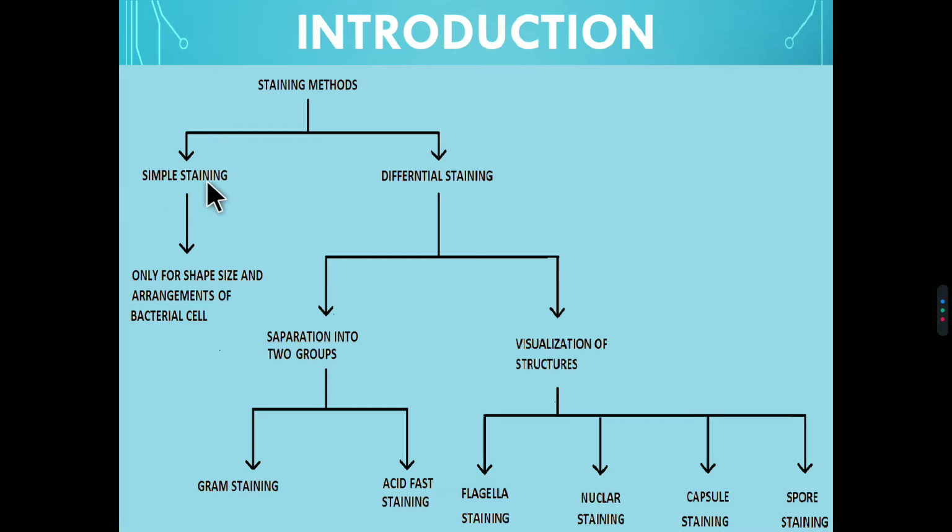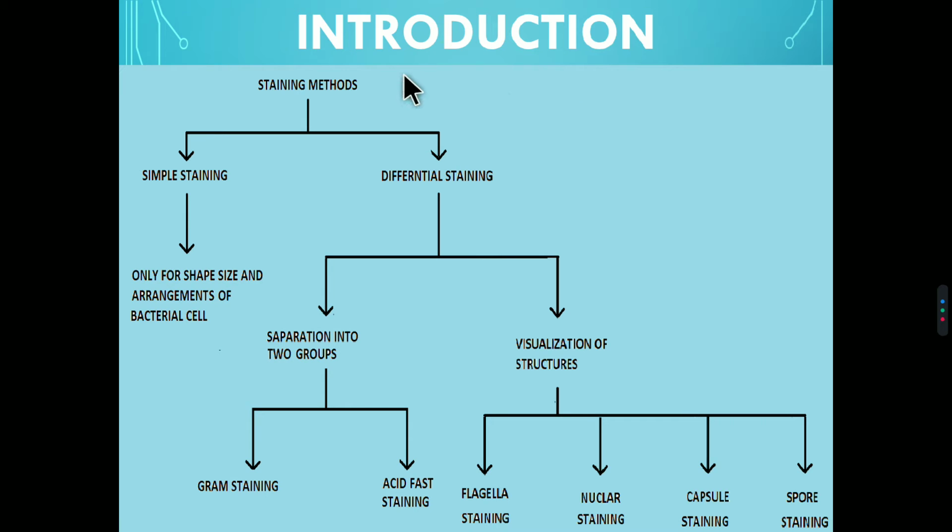Basically, simple staining is used only for the identification of shape, for example, coccus, bacillus, spiral, comma shape, etc. On the other hand, differential staining is divided into different groups on the basis of bacterial staining and visualization of different structures like flagella, nucleus staining, endospore staining and capsule staining, etc.